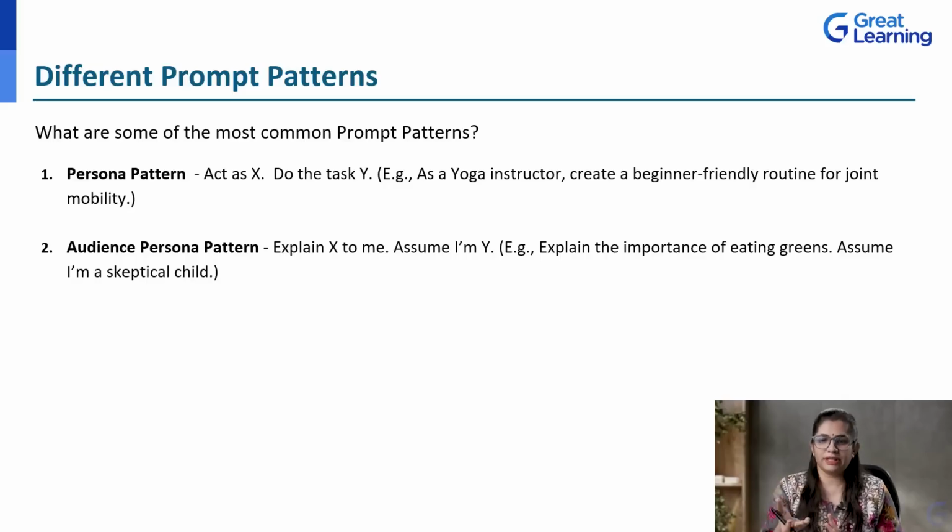Or another example: explain the importance of eating greens, assume I am a skeptical child. So you are telling ChatGPT what your audience persona is, and you are designing your prompt with the correct elements: explain to me, assume I'm this. Or, as in the persona pattern, act like this.